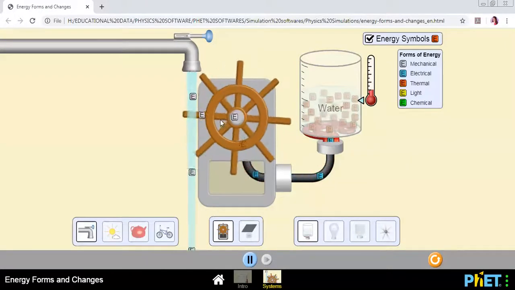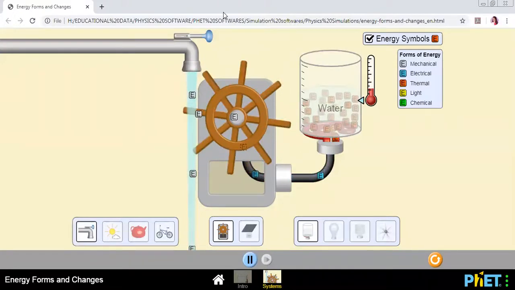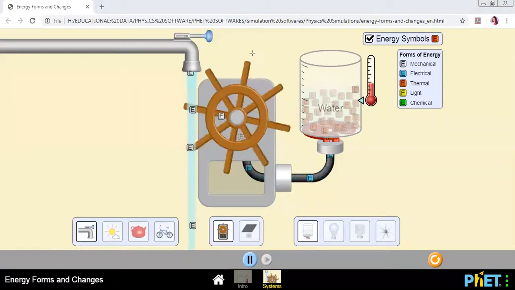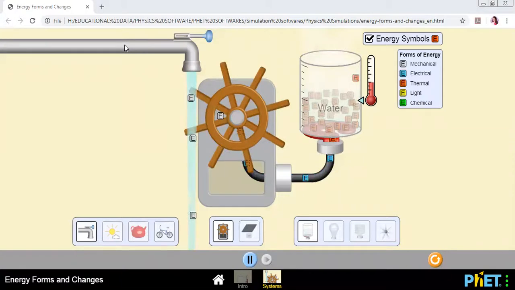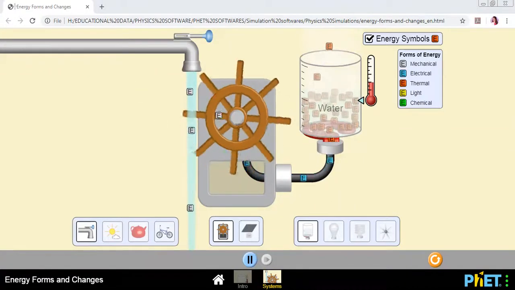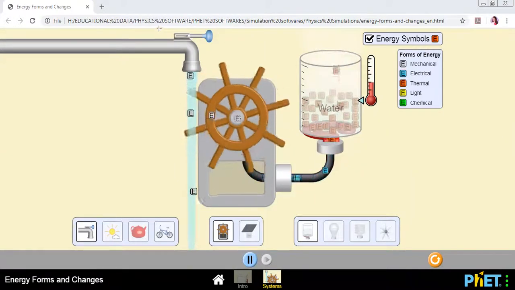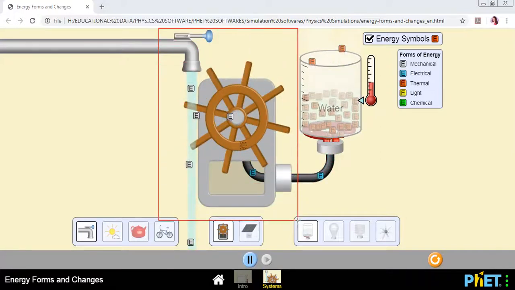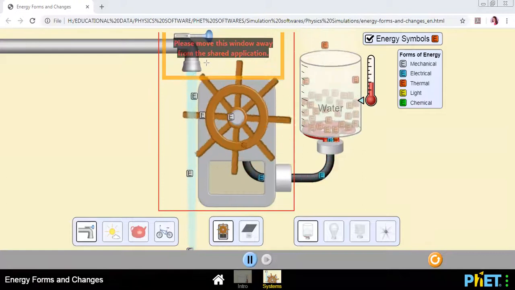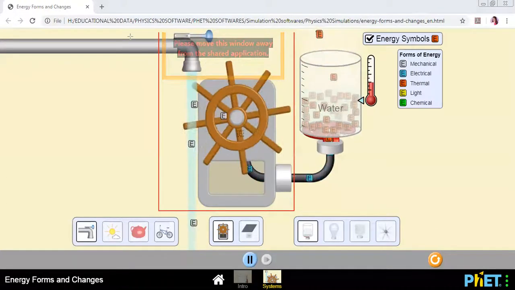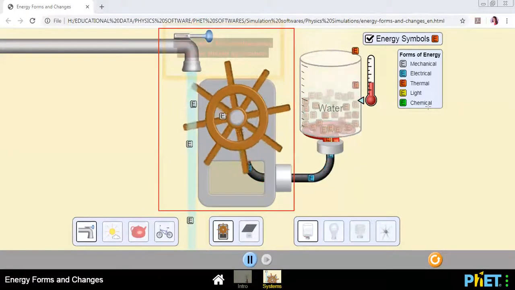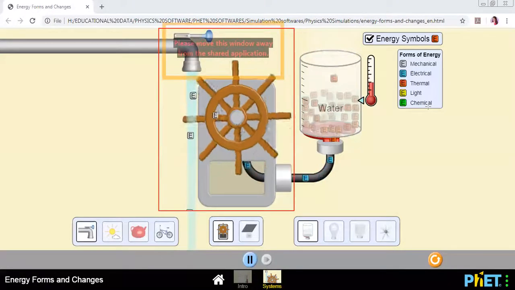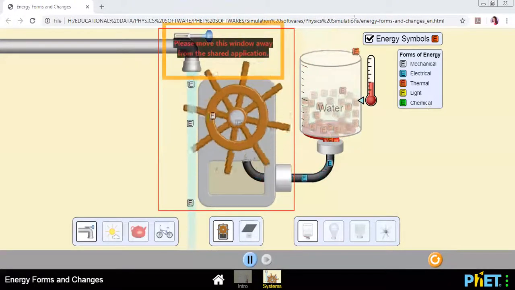If you look at this particular mechanism, the first part of our mechanism, this part of mechanism which I have just highlighted is my hydroelectric power plant.